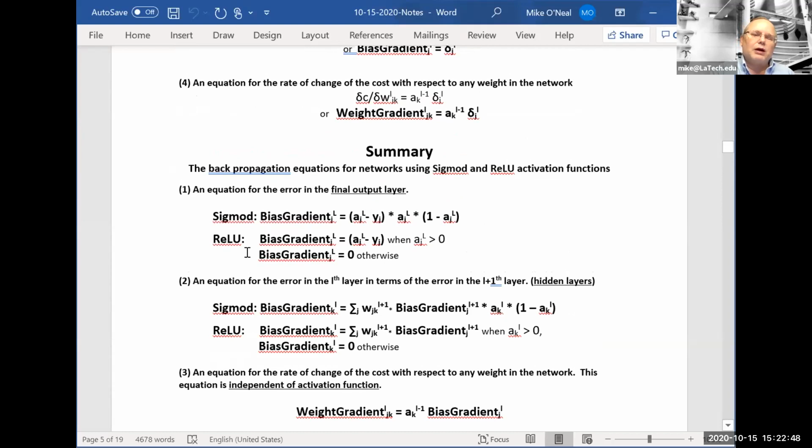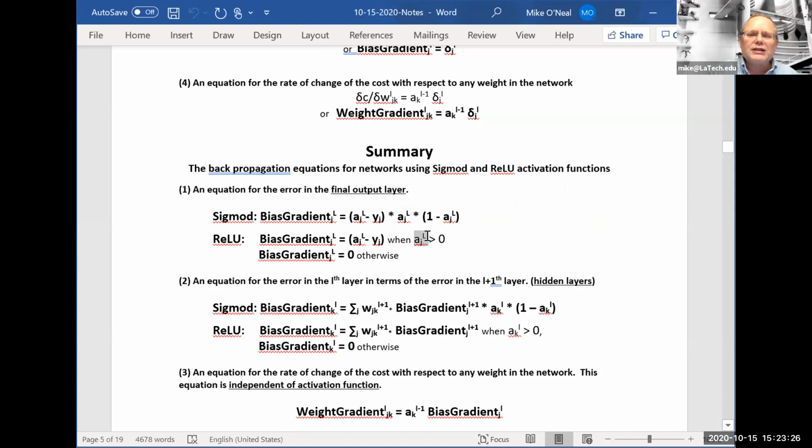And we can summarize this by saying, okay, if you've got a sigmoid, it's the derivative of the cost function with respect to the output times the output times 1 minus the output if it's sigmoid, or it would be times 1 here. You don't have to write the 1 when A is greater than 0. It would have been this times 0 when the output is less than or equal to 0, so I just put a 0 here. And you might notice a slight change here.